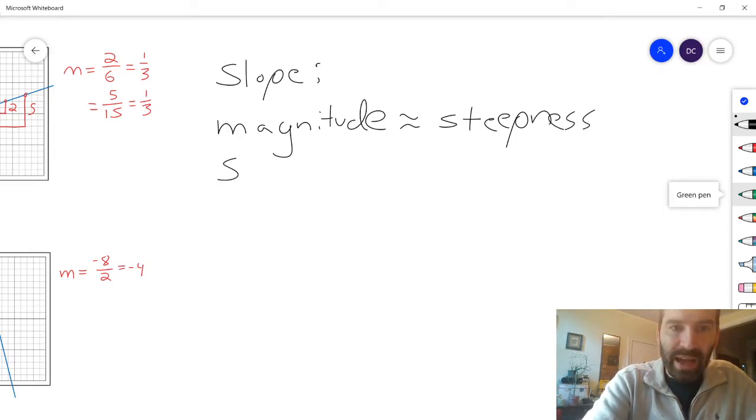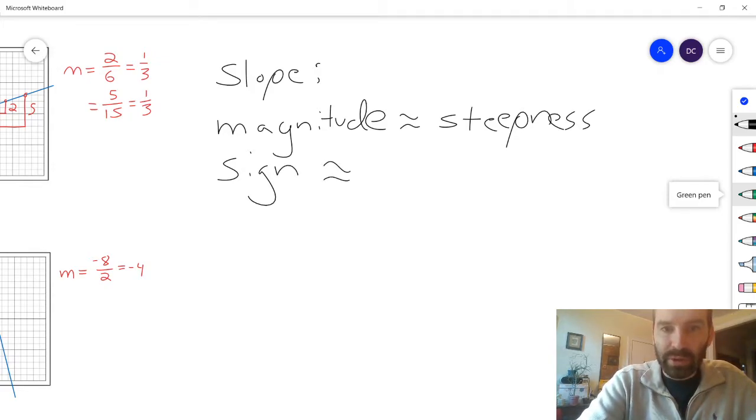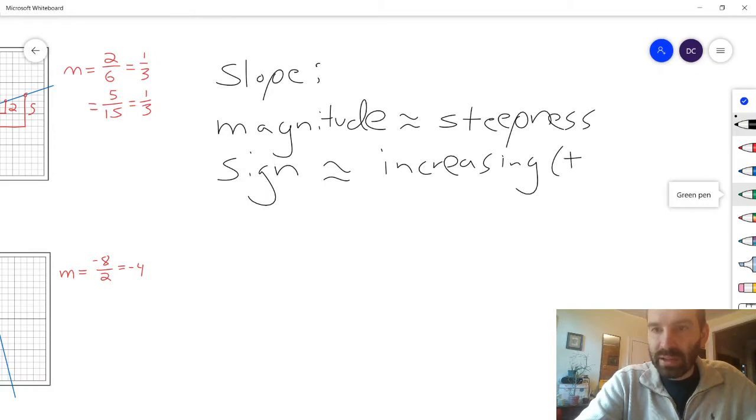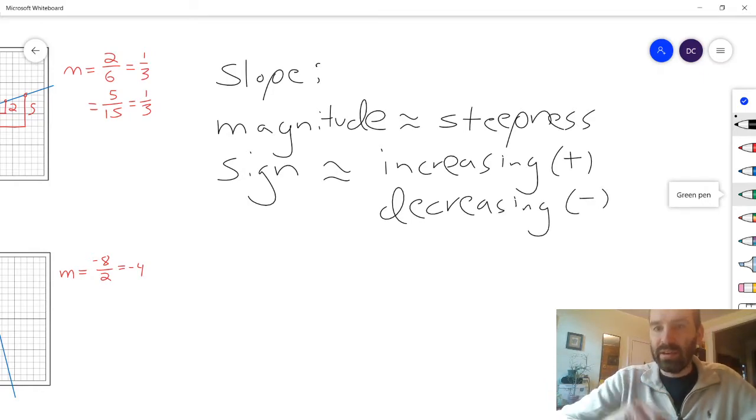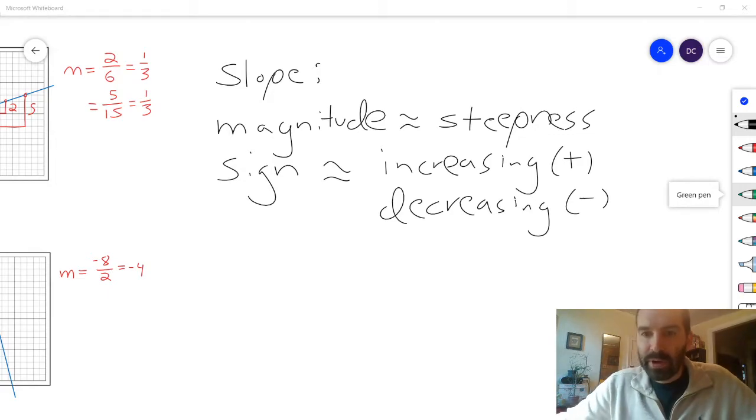And the sign of the slope, whether it's plus or minus, has to do with whether it's increasing from left to right, and that would be a positive slope, or decreasing from left to right. And that would have to do with a negative slope, right?